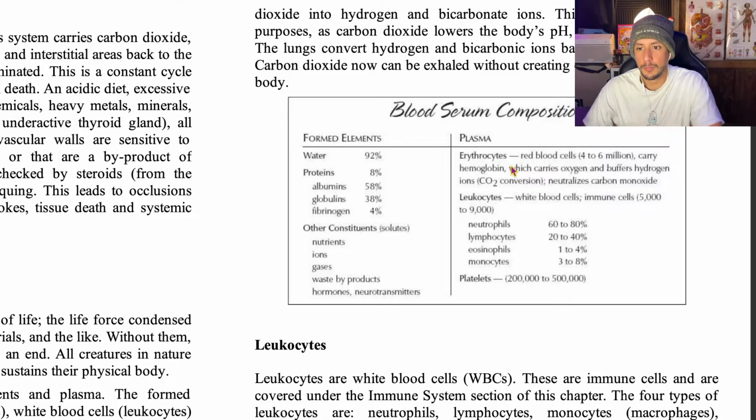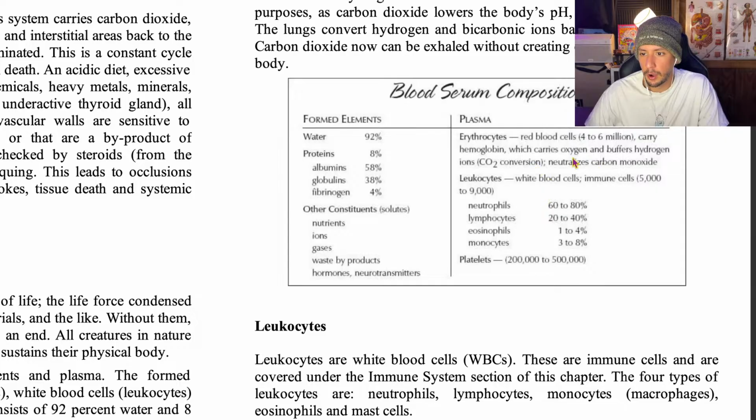And then this plasma has 4 to 6 million red blood cells. They carry hemoglobin, and this carries oxygen and buffers hydrogen ions. That's maybe a little complex, you know. I don't want to go too into all this chemistry, but basically what you need to know is that it's filled up with a few white blood cells that are gonna help you out, help your immune system, make sure everything goes right, and then you have these erythrocytes that are basically just doing the thing.